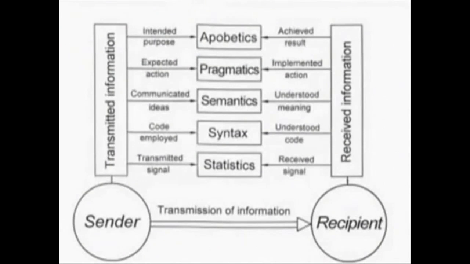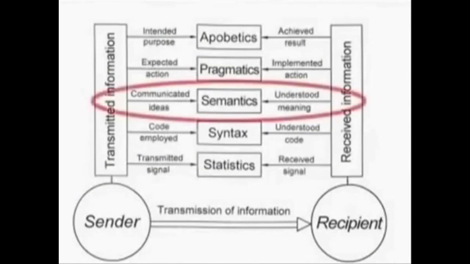There is a sender and also one or more recipients. And we see all the 5 levels are important on both sides, on the sender side and also on the recipient side. For example, on the level of semantics, you see the communicated ideas on the sender side, and on the recipient side is the question, is this meaning understood?